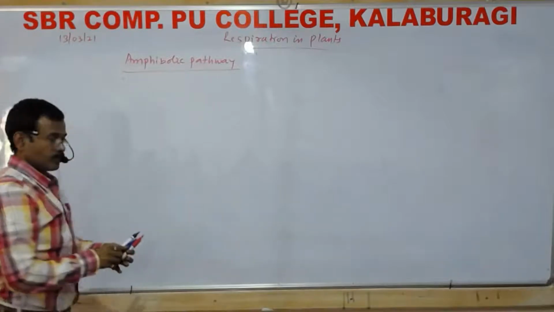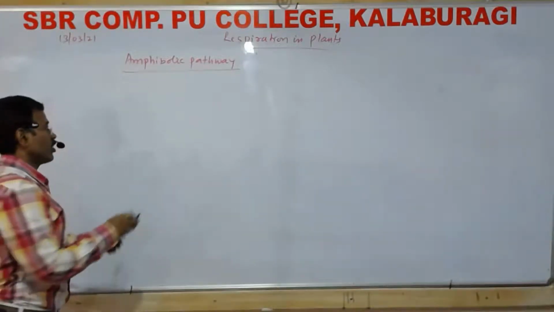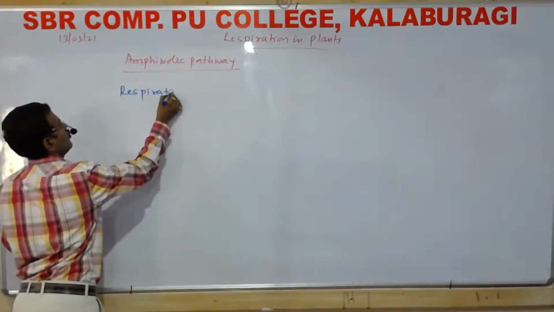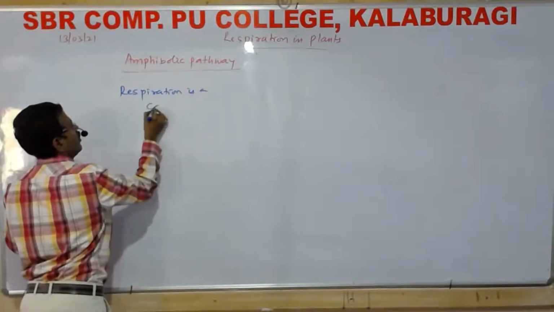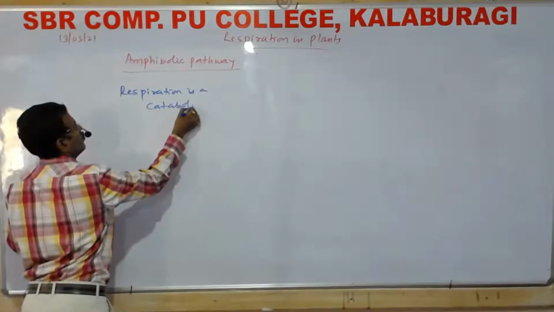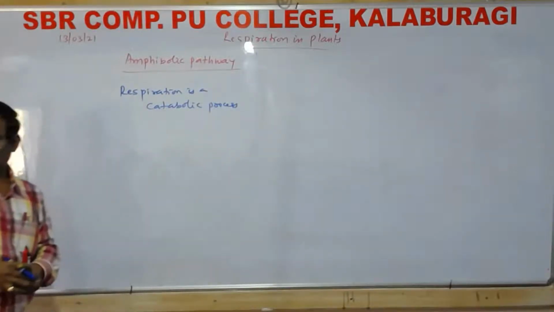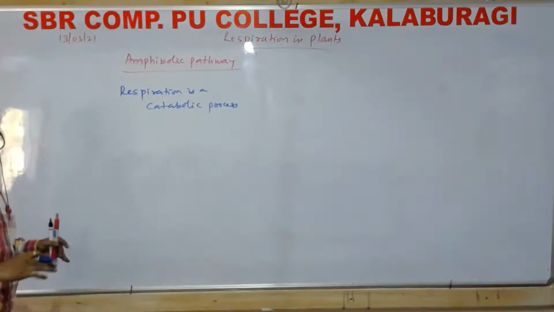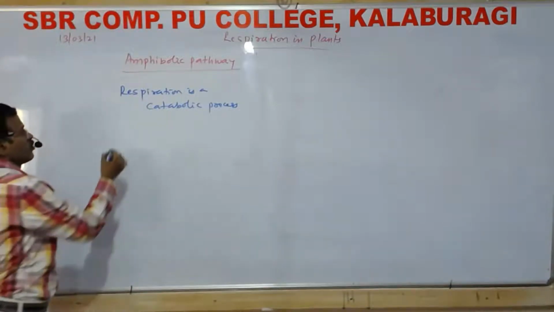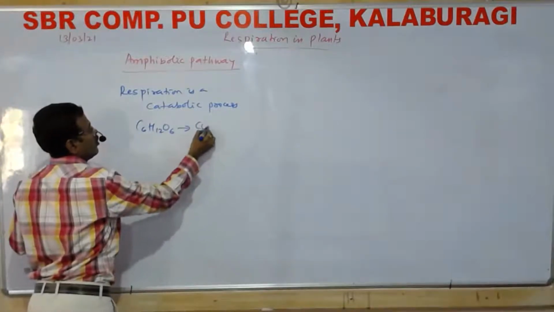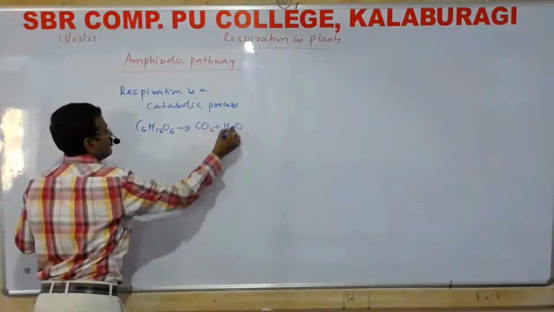Listen. Usually what we say, respiration is a catabolic process. The most commonly used respiratory substrate, that is glucose, is broken down into carbon dioxide and water.